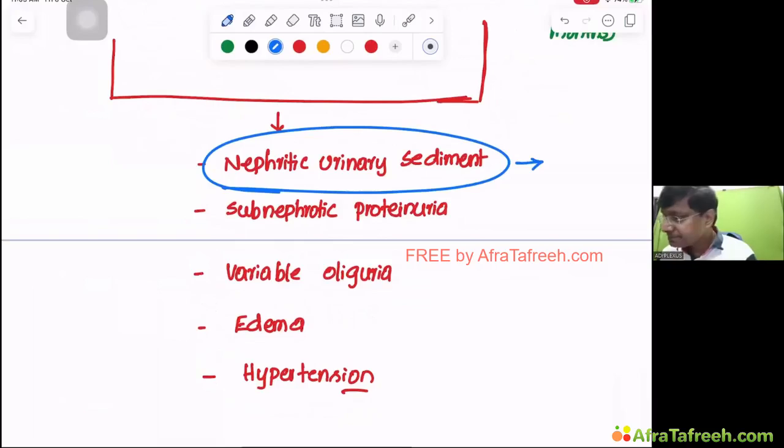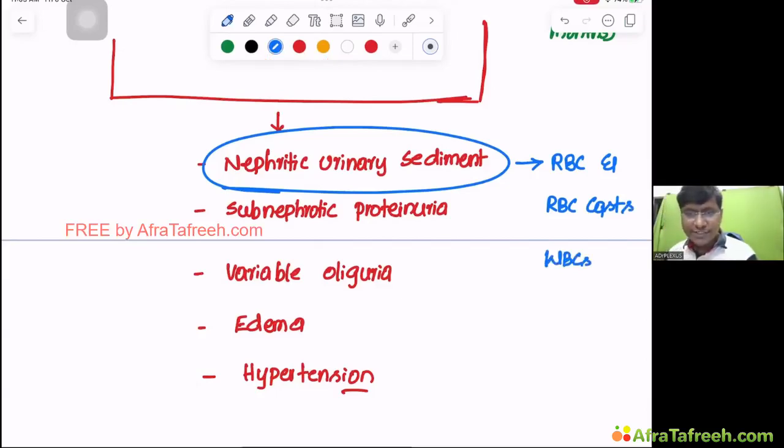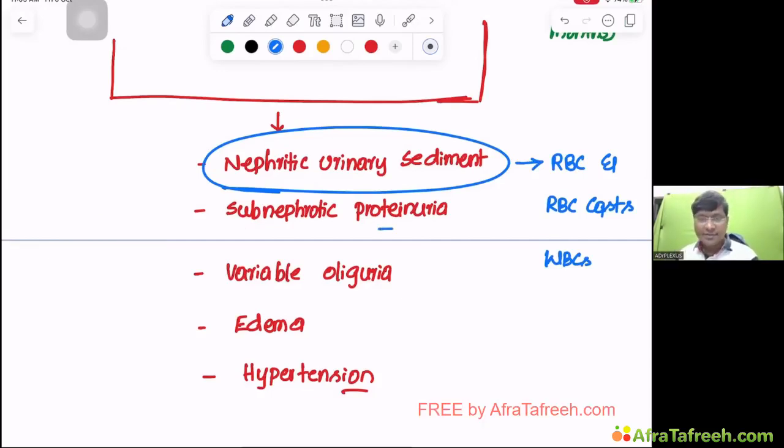It contains RBCs and RBC casts, right? There will also be WBCs, that is leukocytes, and proteins will be there anyway. So this is what the nephritic urinary sediment contains.